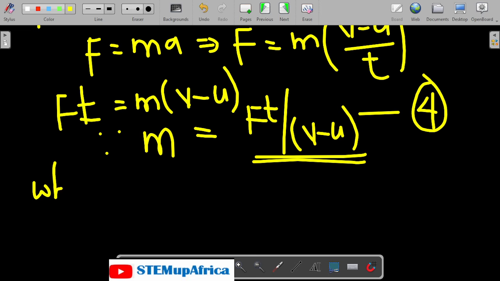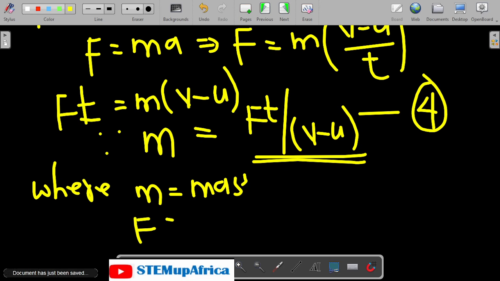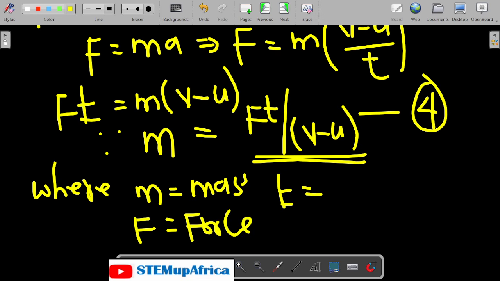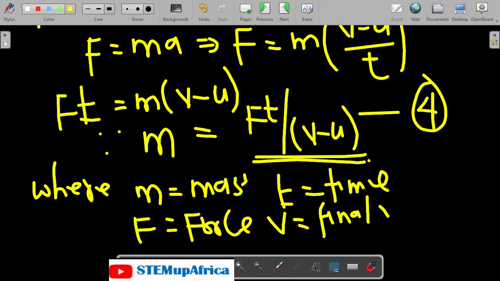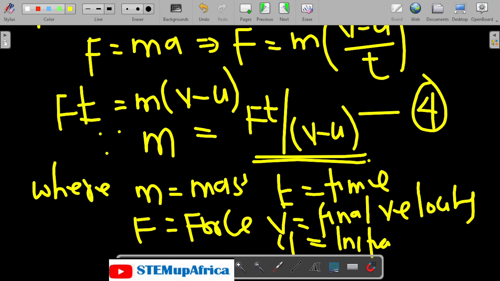Where m is equal to mass, F equals force, t is time, v is final velocity, and u equals initial velocity. So take notes.